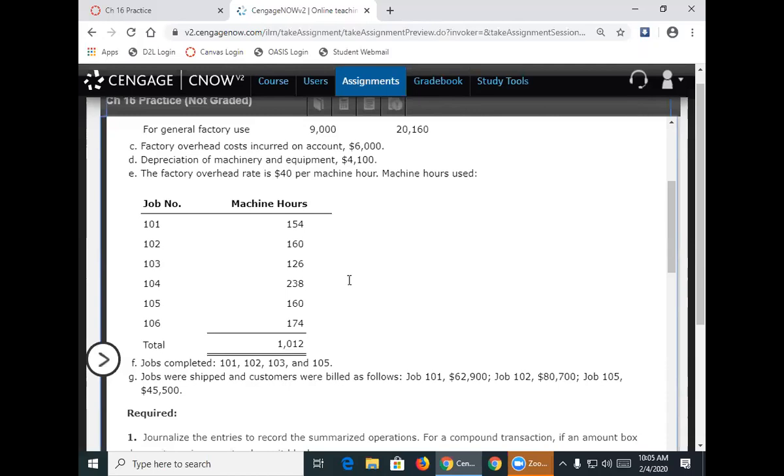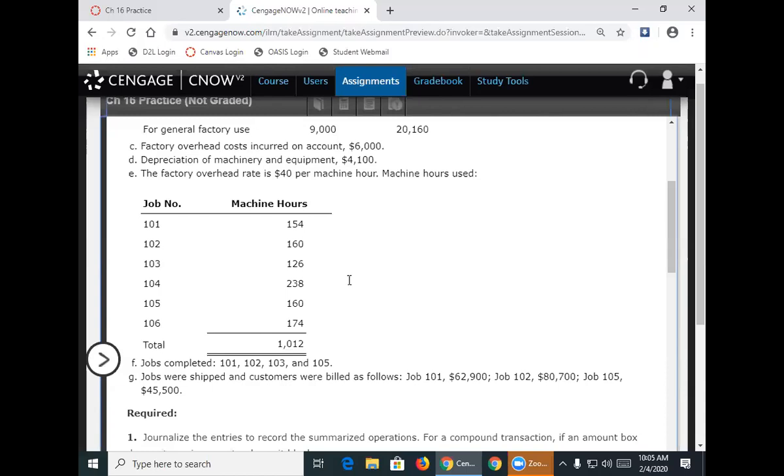All right. Well, now we've done all the work. So now we just have to figure out what jobs have been completed, what the total cost is. So really what we're looking at, again, is going back to our inventory accounts.